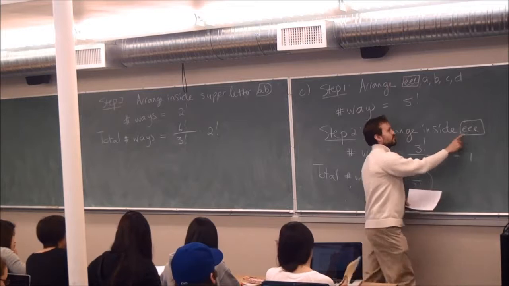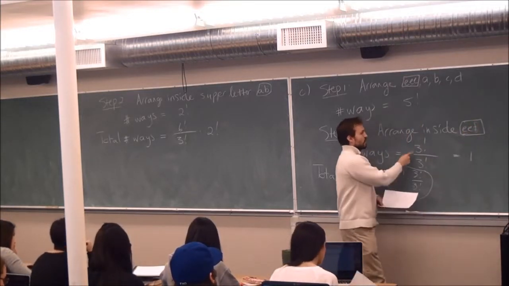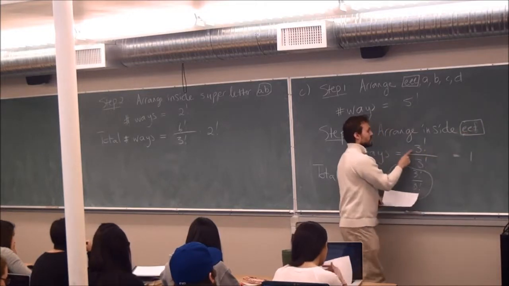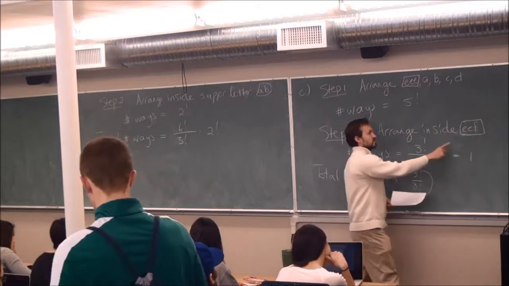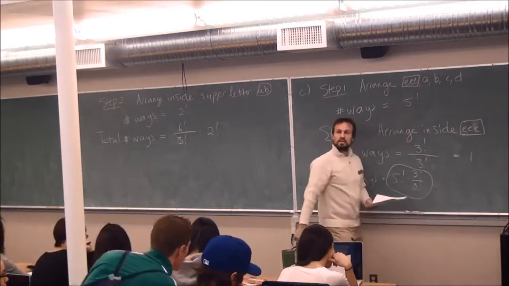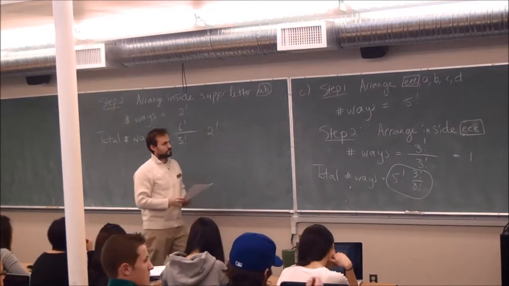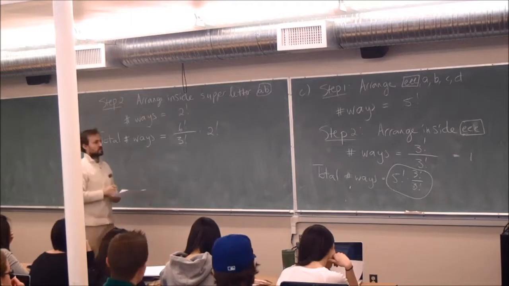Because if that guy happens to be an F, doesn't matter how I glue them. When I shuffle these guys inside, then I only have 2 identical letters. So that will change to a 2. So it does depend on the composition of my super letter. But the idea of keeping things together, that's still the same.